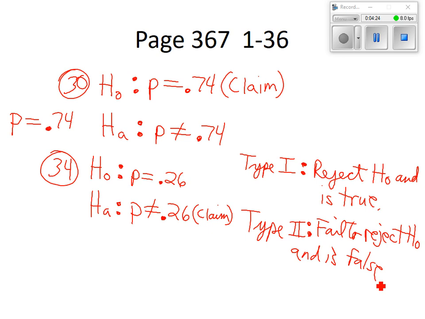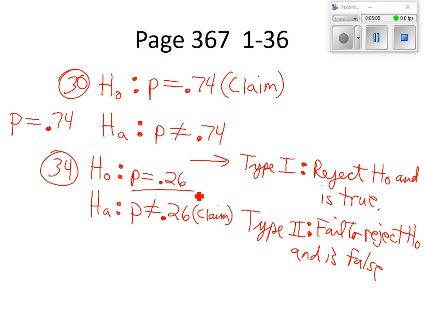Now, as we get into this chapter more and more, you've got to be able to explain what that's going to mean. So this time it was 26% own a video game system, all right? So if I was explaining it as a type 1 error, I'd say we reject the claim that 26% own a video game system, and it actually ends up being 26%.